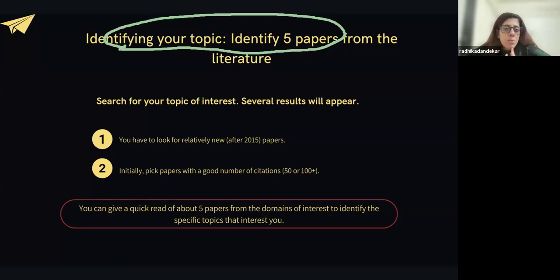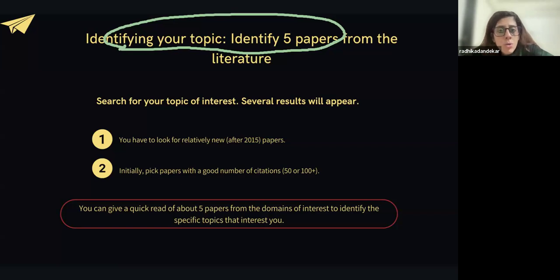When you've narrowed down to 2 or 3 topics, you will start by doing a literature study by identifying 5 papers from a similar domain. You will first read 5 papers that will help you identify a topic that is close to those narrowed down 2 or 3 areas of interest.